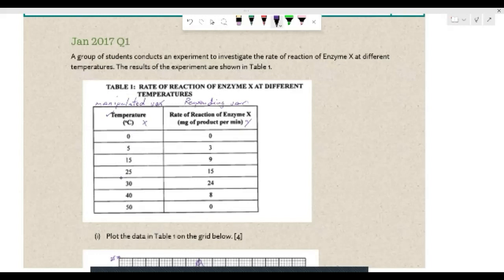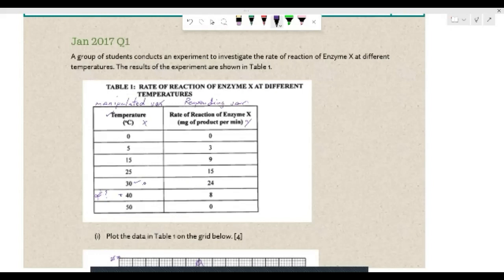So on the x-axis, we have temperature. We have several temperatures here, going from 0 to 50 degrees Celsius. Now we remember that this here may be our optimum temperature. However, based on the rate of reaction, it looks like the optimum was actually this one.